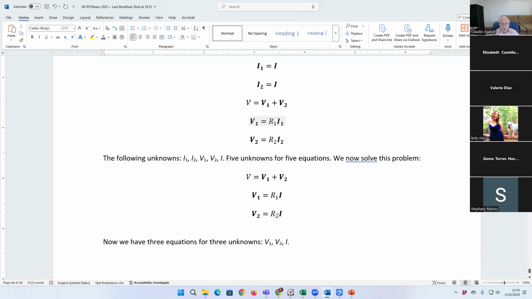And what do we want to do? We want to find I. That's what we want to do, right? We want to find I. Let's see how you can do it. In order to find I, we have to eliminate V1 and V2, okay? To eliminate V1 and V2, we have to substitute V1 here and V2 here. So here you go.